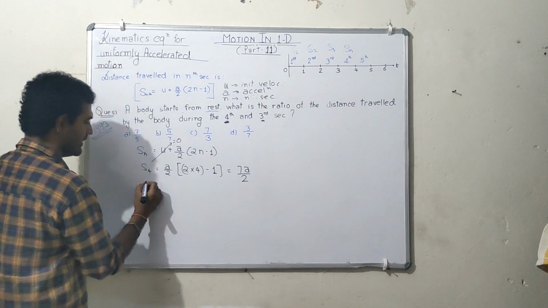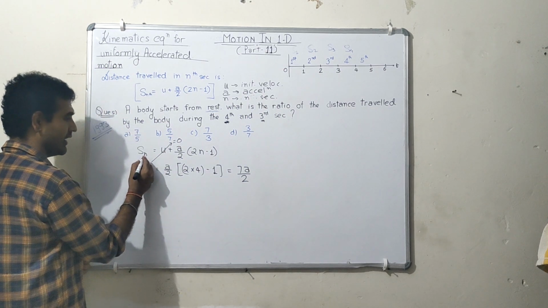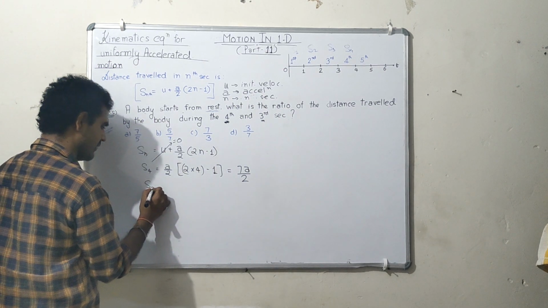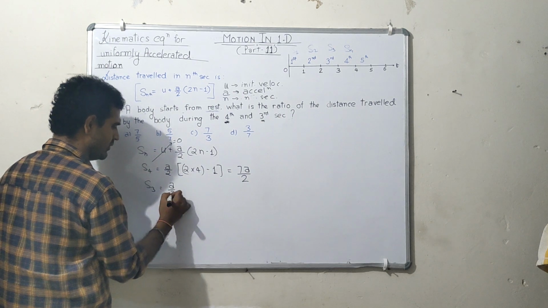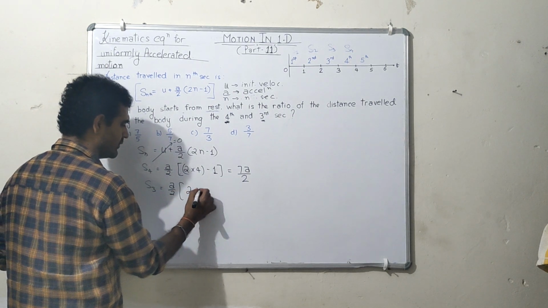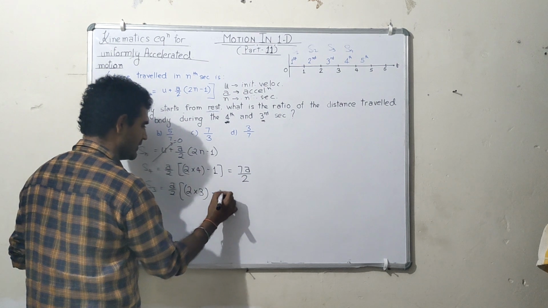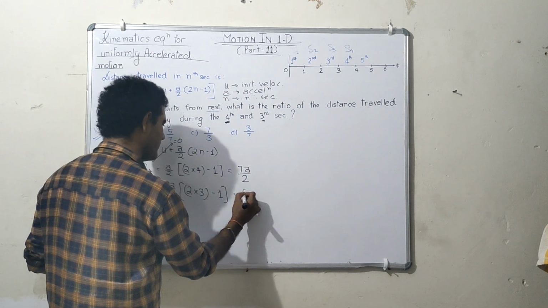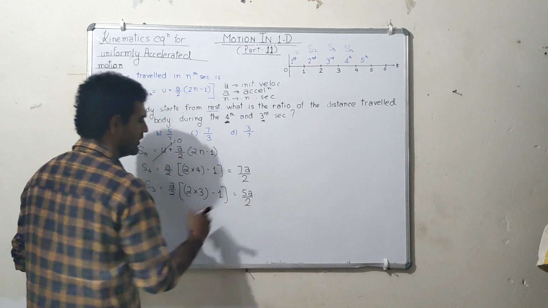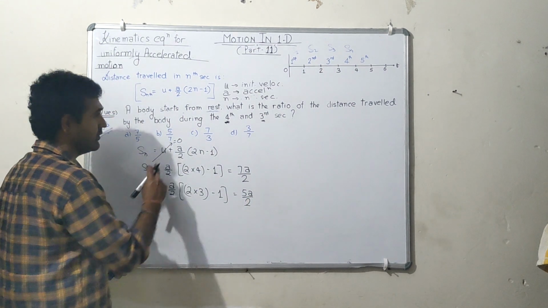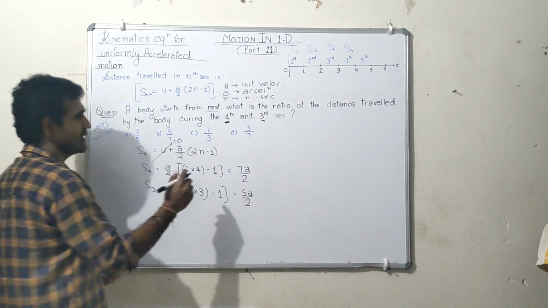Similarly, for the third second it is asking, so instead of n we will put 3, S3. This is equal to a by 2 times (2 into 3 minus 1), this gives you 5a by 2, right? So now it is asking the ratio of the fourth and the third second.